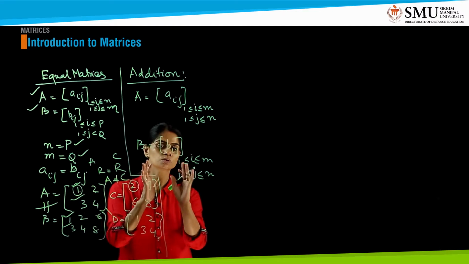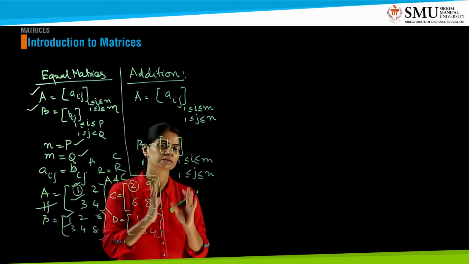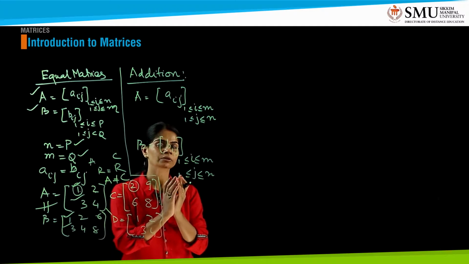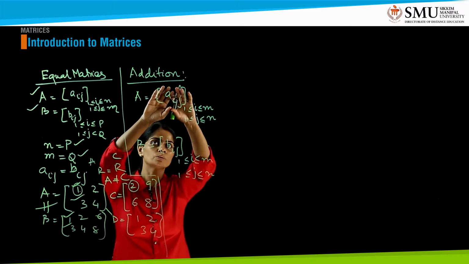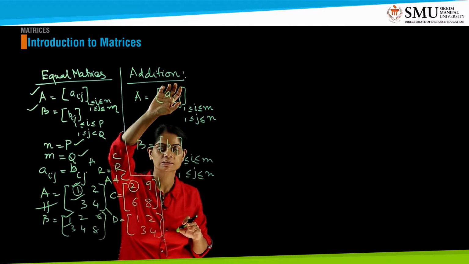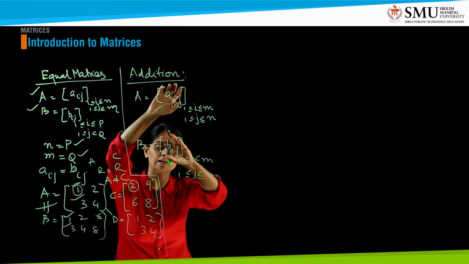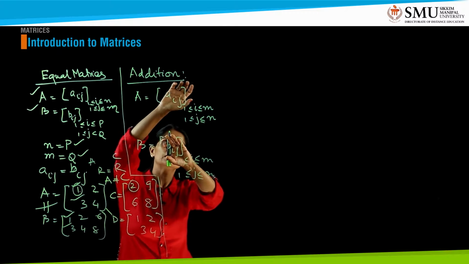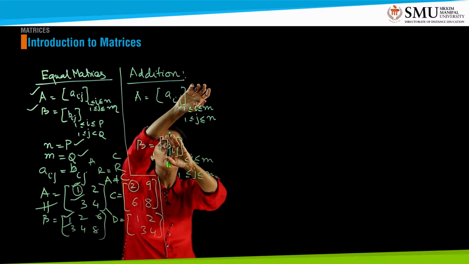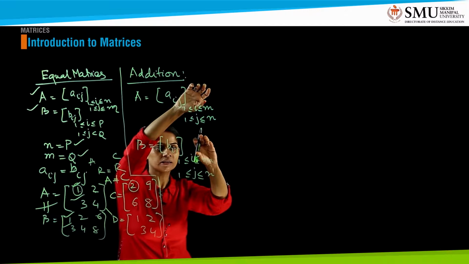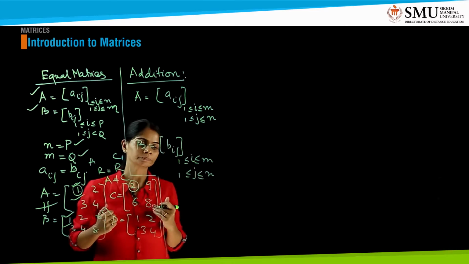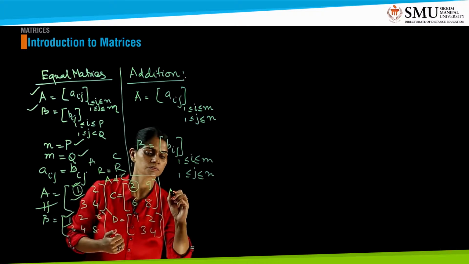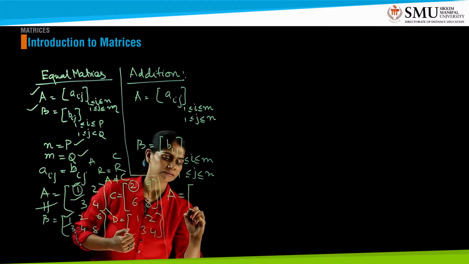If the two matrices have the same number of rows and columns, then we add them as follows: the first element of matrix A is added to the first element of matrix B, similarly the second element of A is added to the second element of B, and we follow the same procedure. Let us understand this with a simple example.